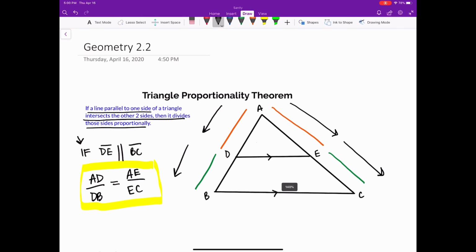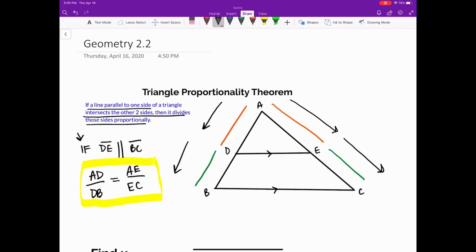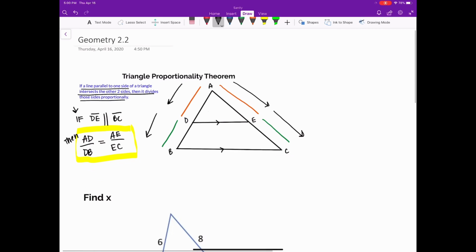Oh, before I do that, let's just talk about the converse. So this is like an if-then statement, right? So the converse, you just flip these around. So the converse of this would be, if you have this proportion between the sides, let me write this out: if AD over DB is equal to AE over EC, so if that proportion exists, then you can say that DE is parallel to BC.